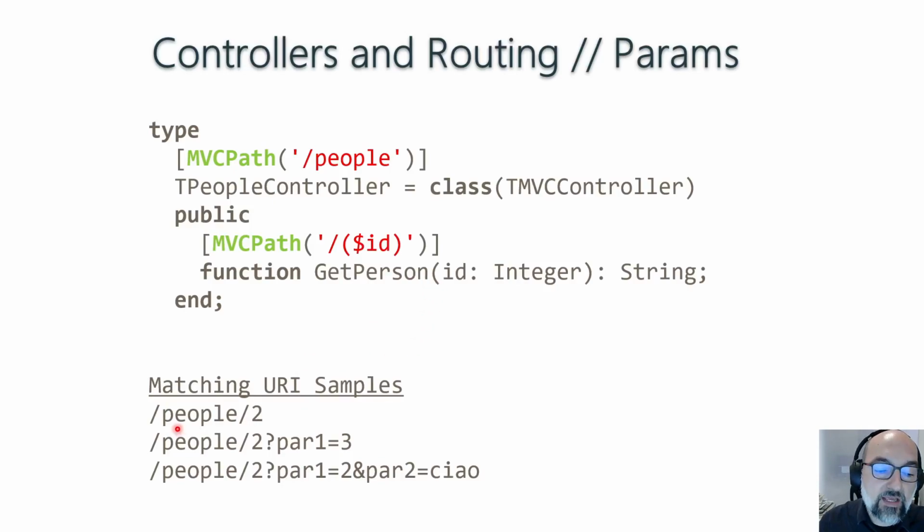So when a user writes /people/2, for example, the router actually calls this GetPerson, understands this $ID parameter, and then injects it here. So I can just write the code inside this GetPerson action using this ID, which is 2 in this case. Okay.